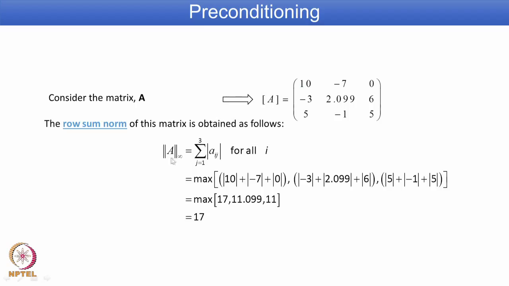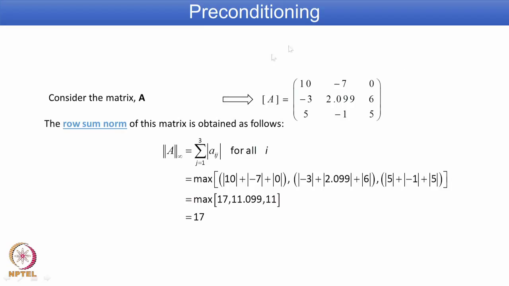Formula wise it is shown here, and this is the infinity norm equal to summation sign, and in this case we have 3 rows. So, j is equal to 1 to 3 and we consider each element and we take the magnitude of each element for all i.